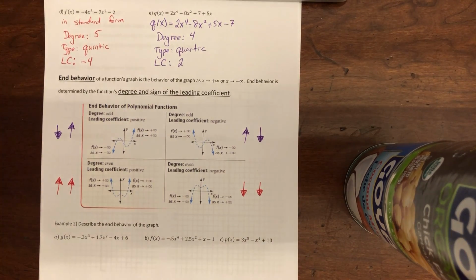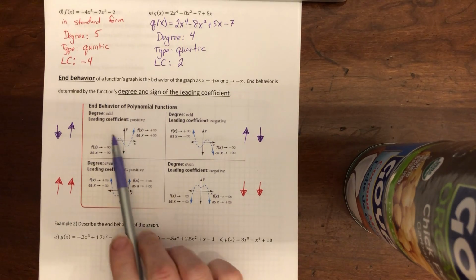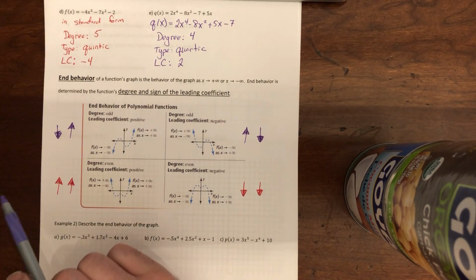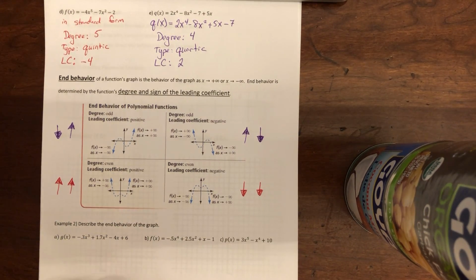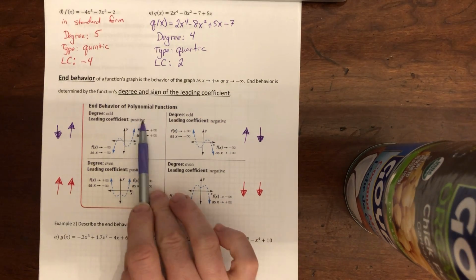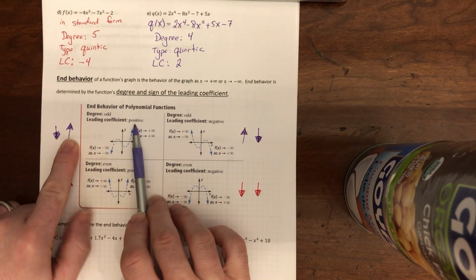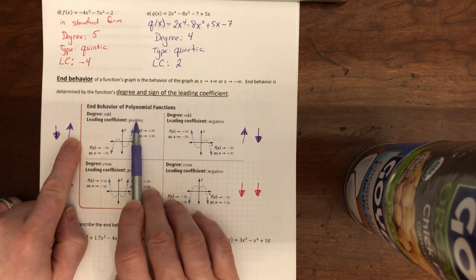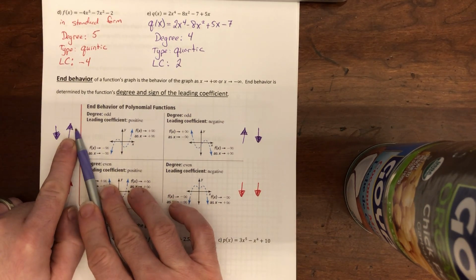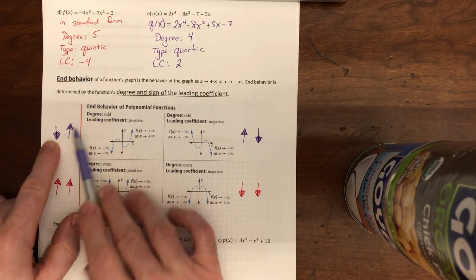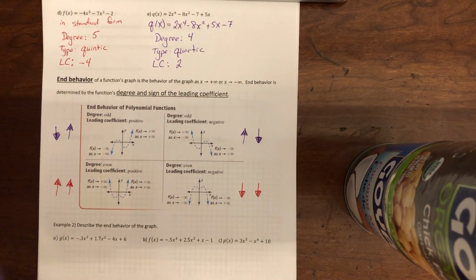Okay, there's a couple main tricks when we talk about these, all right? I always remember, and this is just me, you guys find other ways to do it as well. If it's odd, they end in opposite directions, all right? And the right-hand arrow is always the sign of our leading coefficient. So if it's an odd positive, we know our right arrow goes up, and odd tells us it's opposite, so our other arrow would be down, all right?